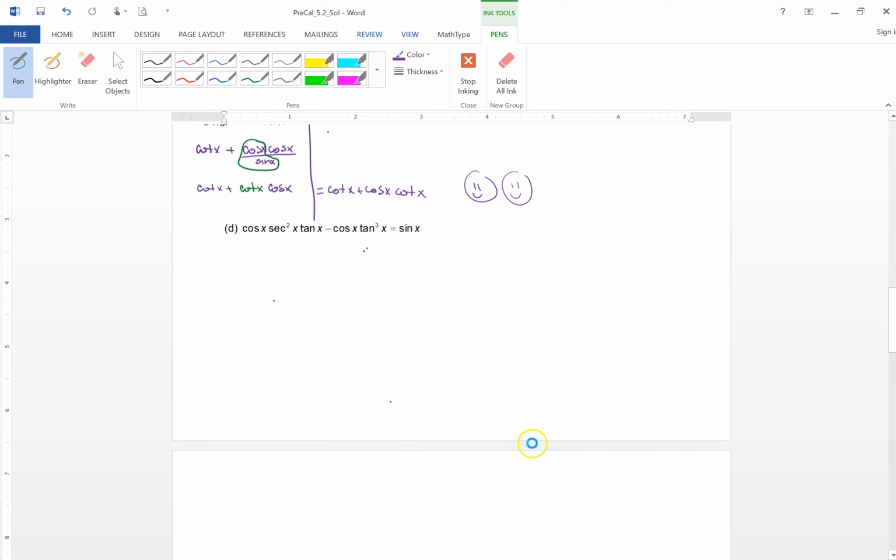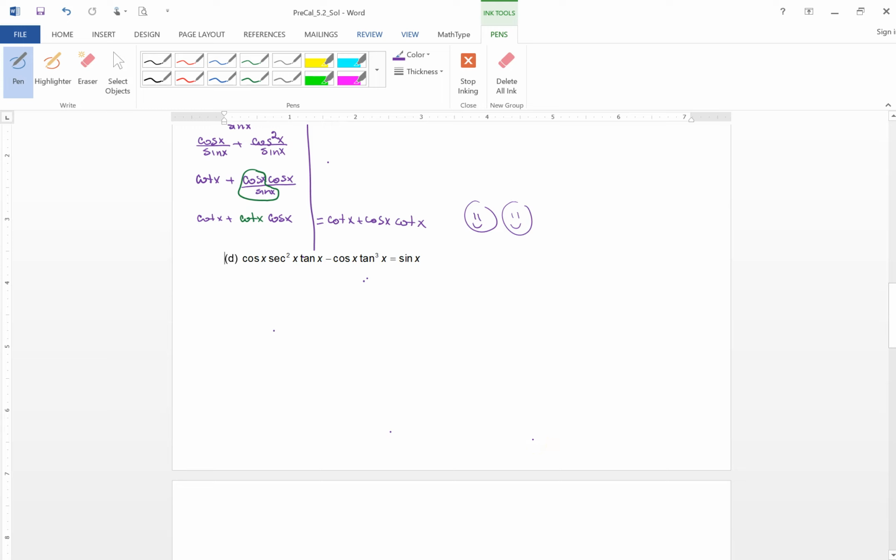Okay, let's do one more. Clearly, we're going to start with the left here. And what we can do here is I have a cosine here and a cosine there. And I have a tangent here and some tangents there. So I'm going to factor out a cosine x and a tangent x.